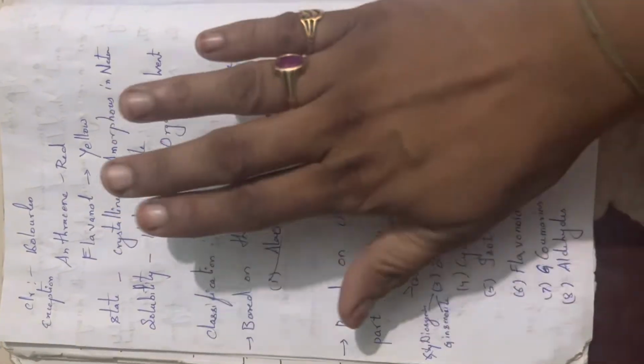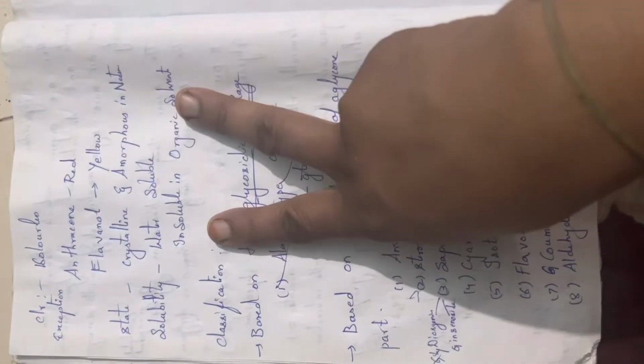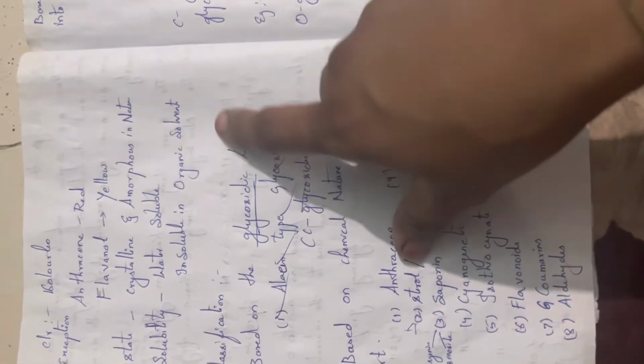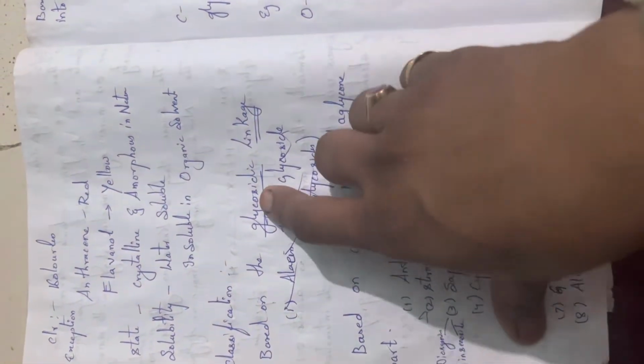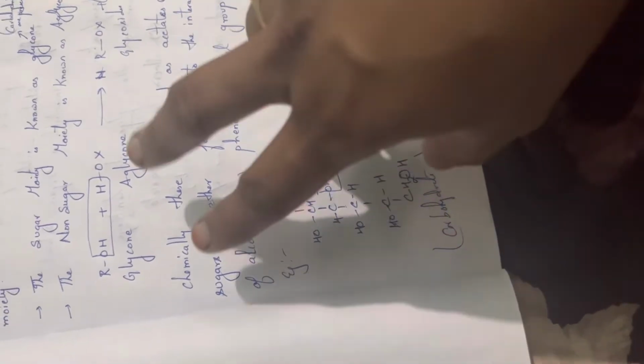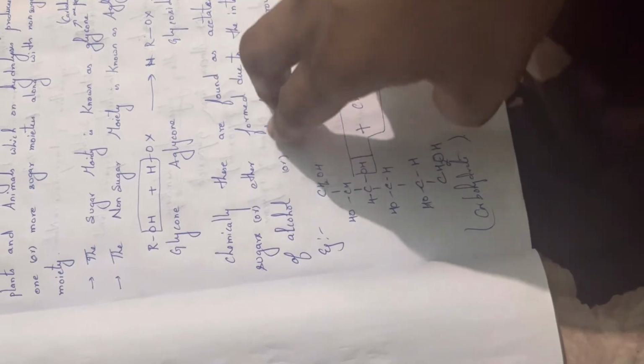Next, classification. In general, glycosides are classified based upon two mechanisms. One is based upon the glycosidic linkage, that is, the link between the glycone and the aglycone, how they form a link.